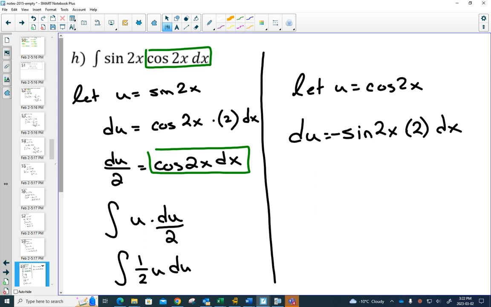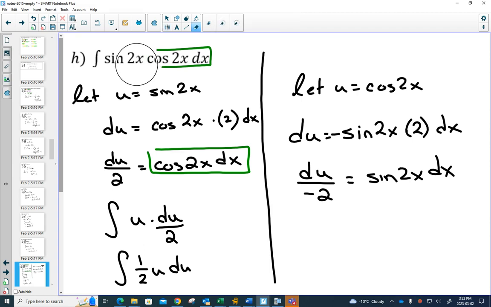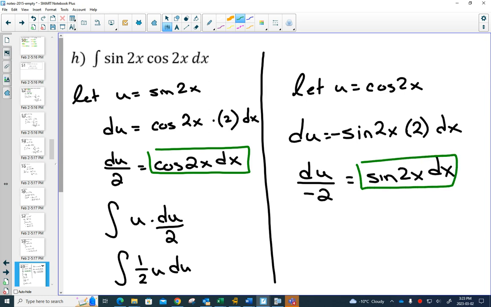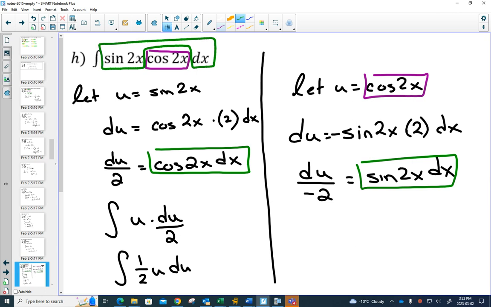And to do the substitution, check this out. I'm going to put this sine 2x in a green box. I'm going to put cos 2x in a purple box. Here's my cos 2x, and there's my sine 2x dx.